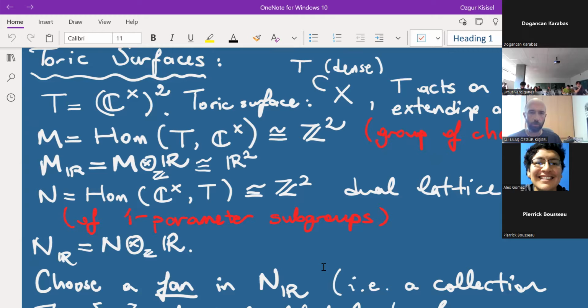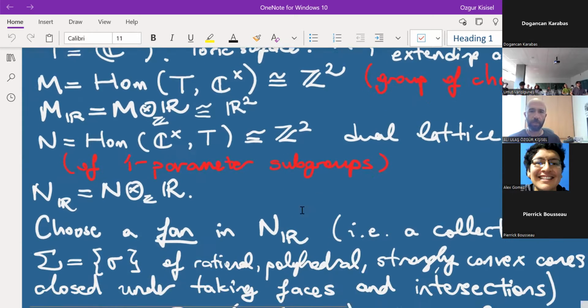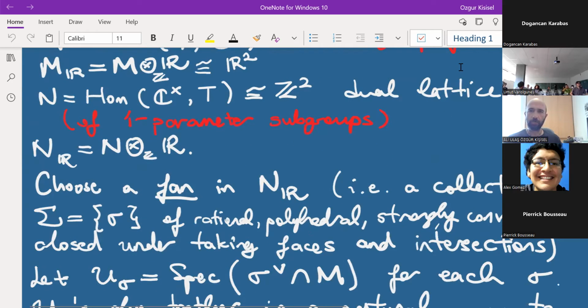So in order to describe a toric surface combinatorially, one chooses a so-called fan in N sub R. So what is a fan? It's a collection of rational polyhedral strongly convex cones, and the set should be closed under taking faces of cones.